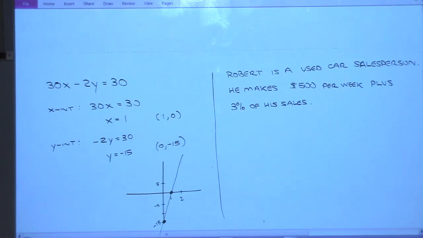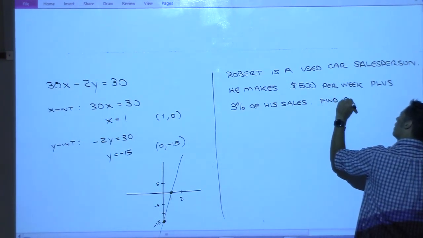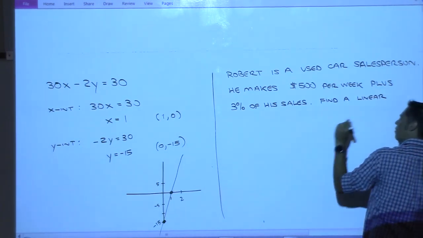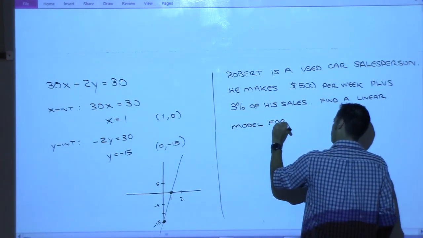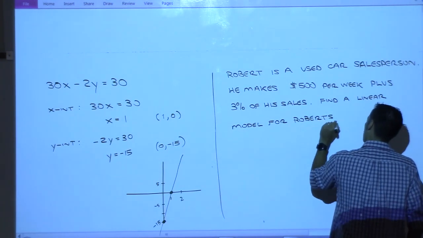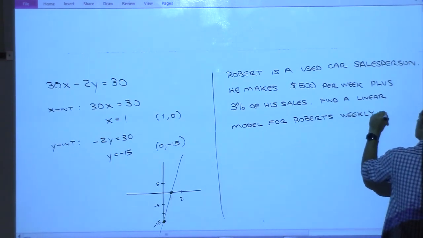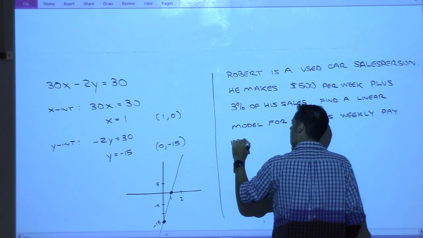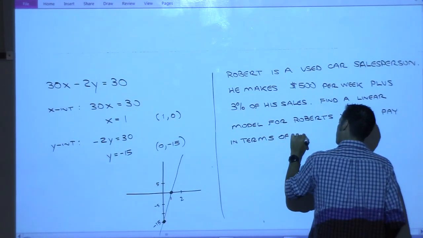All right, so what I want to do here is I want us to find a linear model for Robert's weekly pay in terms of his sales.